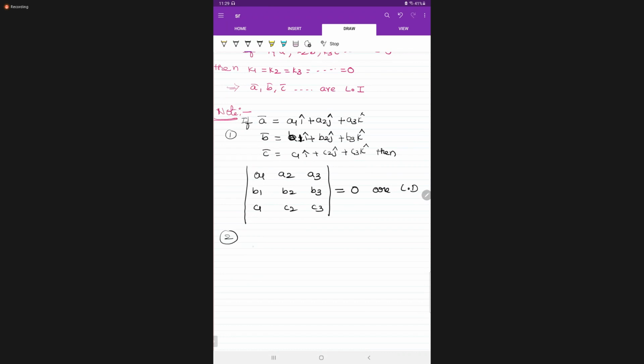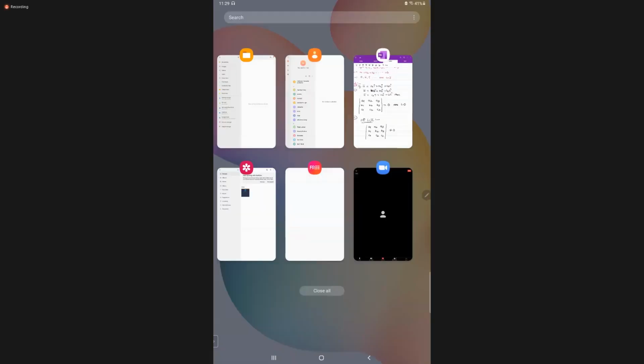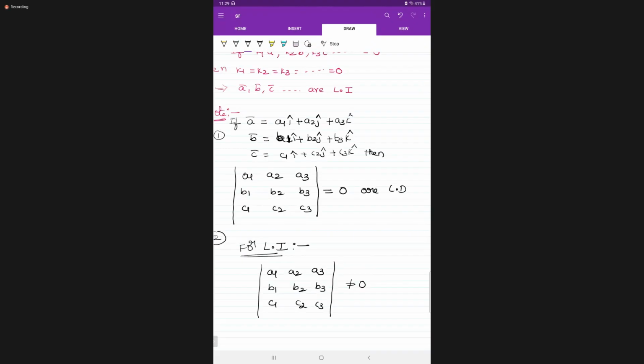Second point: for linear independent, the determinant is not equal to 0. LD means linear dependent, LI means linear independent. If det is not equal to 0, the given vectors are linear independent, and otherwise linear dependent. Completed, students, everyone?